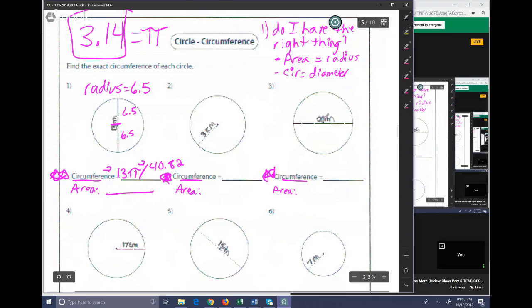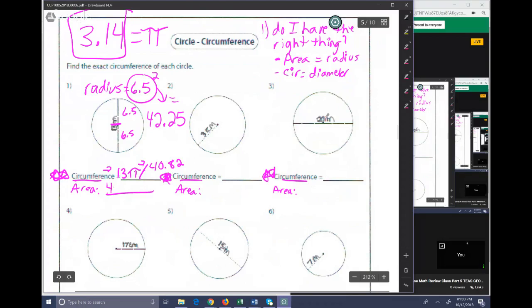With an area, I'm going to square that, which means to multiply it by itself. There is a squaring button on the calculator. So 6.5 squared equals 42.25. That's a decimal, but remember, we did not multiply pi. We wound up with a decimal because our radius was uneven.